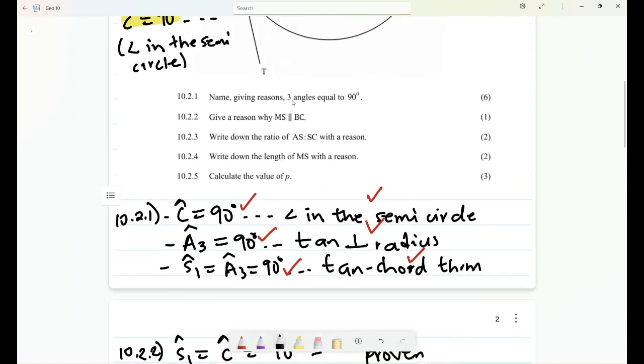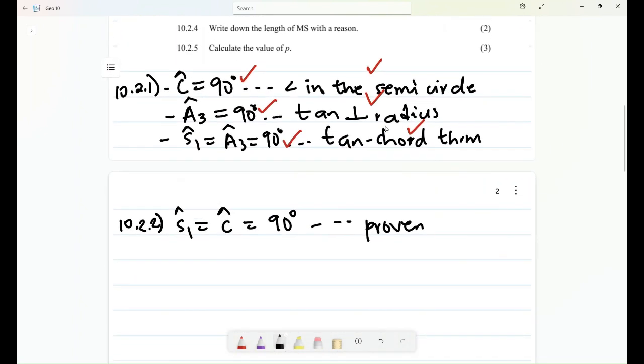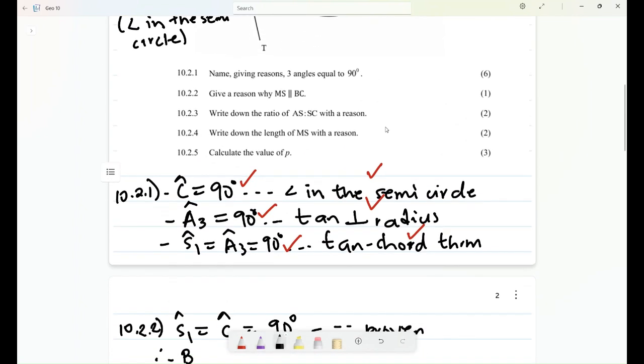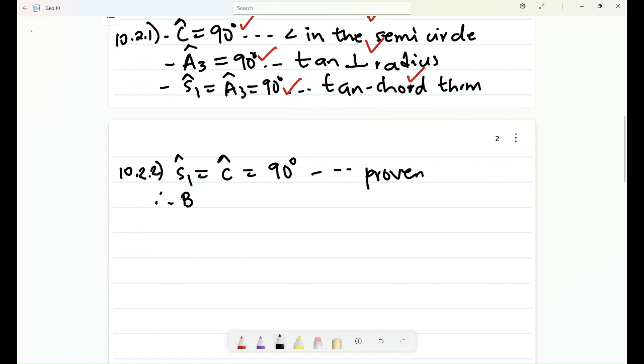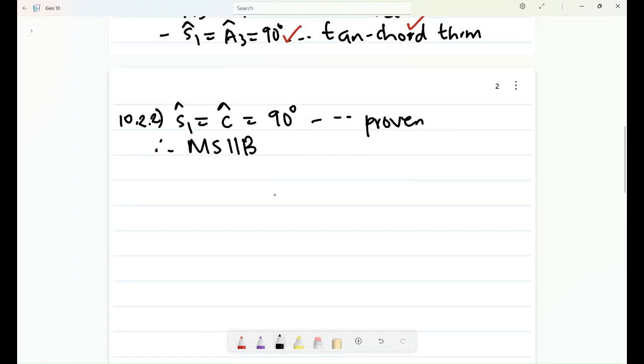Therefore, if they are equal, whether they are equal to 90 or not, then MS is parallel to BC. But you should give a reason why.